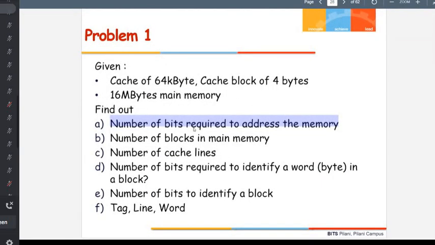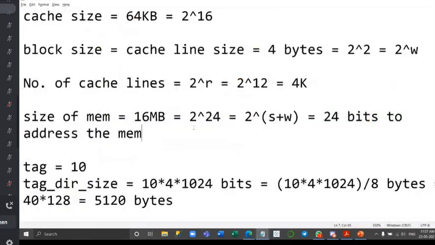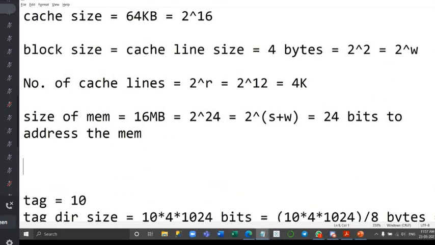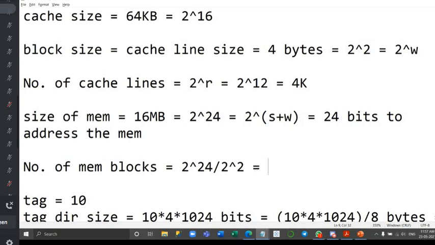Second, number of blocks in the main memory. We have 16 MB as the size of the memory, and the block size is given as 4 bytes. So the number of memory blocks is the size of the main memory, which is 2 to the power 24, divided by the size of each block, 2 to the power 2, which gives 2 to the power 22. 2 to the power 22 is 4M.